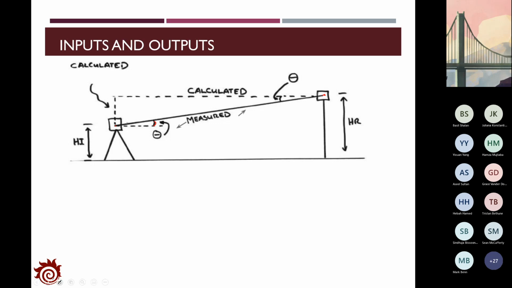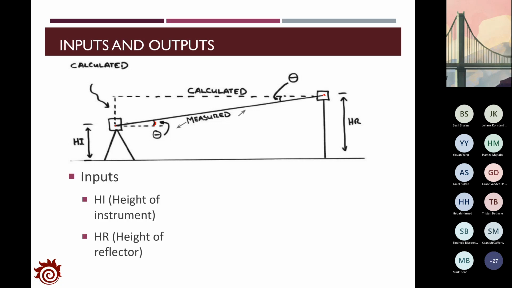For your records, you need to input the height of the instrument, which would be the distance from the ground to the telescope that you applied for the measurement. And also you have to measure the height of the reflector, where the target point is.